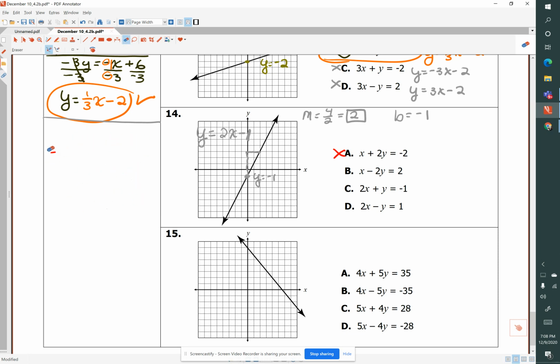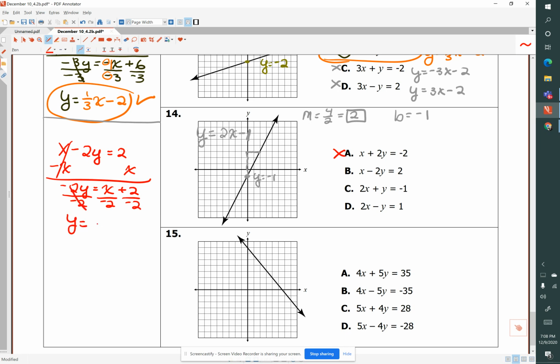I'm just making more room here. So B, x minus 2y equals 2. Subtract x from each side. And we have negative 2y equals negative x plus 2. And then we will divide everything by negative 2, which gives us y equals, see, negative 2y, negative 2.